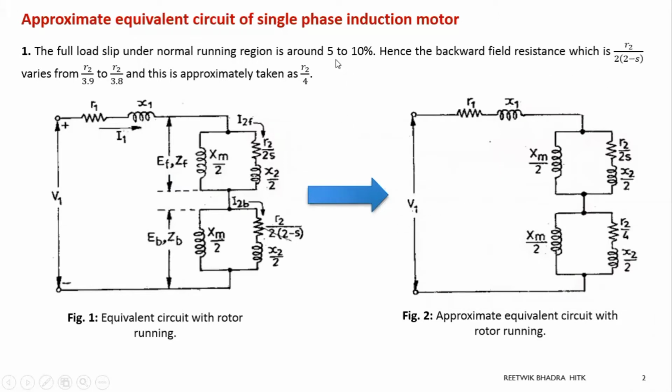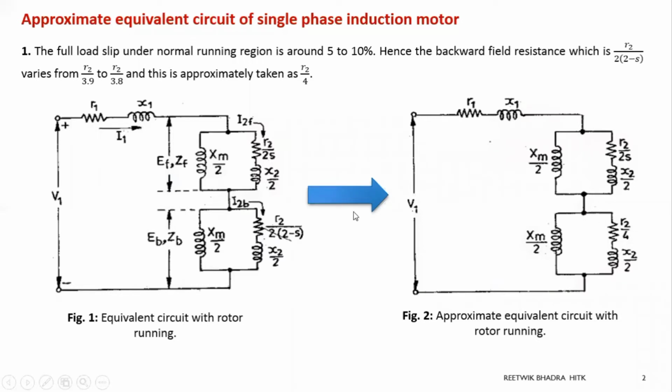If you put 0.05 over here, R2 by 2 into (2 minus S), with S substituted as 5%, you will get 3.9, and if you substitute 10%, you will get R2 by 3.8. So it is close to 4. So we have taken an approximation that this backward field resistance is R2 by 4 under normal running condition, close to full load.